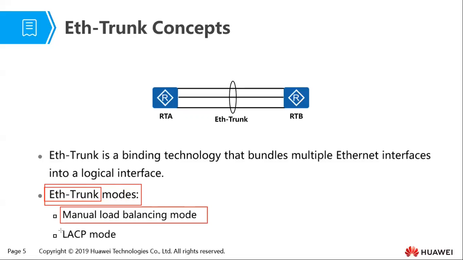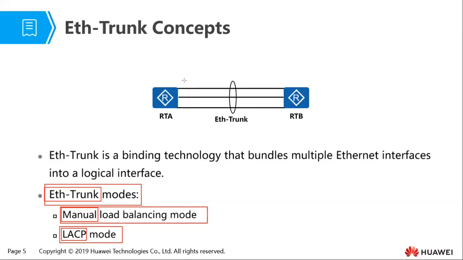Then the other one is known as static LACP mode, LACP for link aggregation control protocol mode. While the first one you have to manually configure, as the name suggests, this one uses a protocol to bundle up the links.